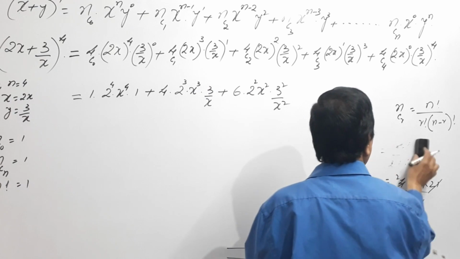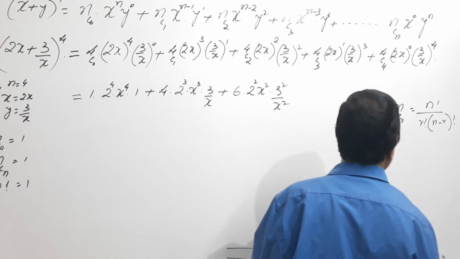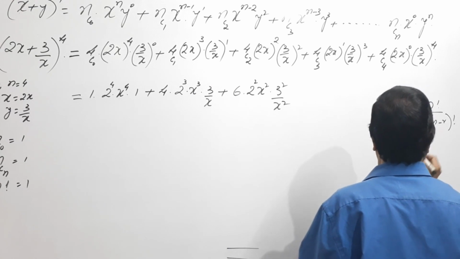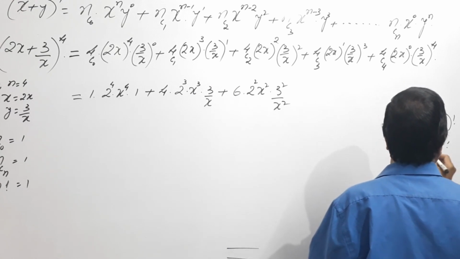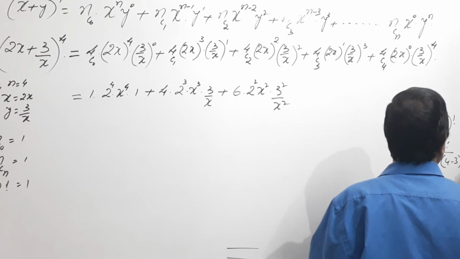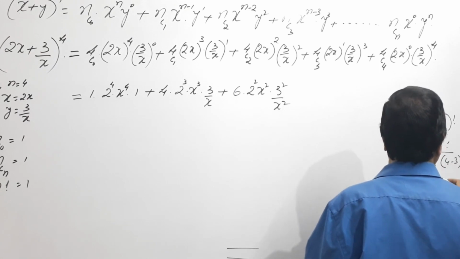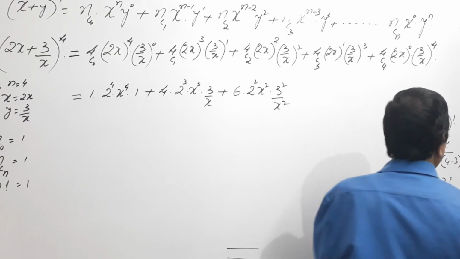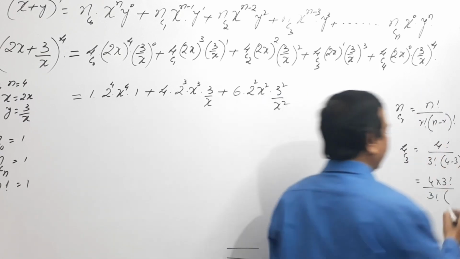I will rub this, and 4C3. 4C3 equals 4 factorial by 3 factorial, (4 minus 3) factorial. This becomes 4 into 3 factorial, by 3 factorial, and 4 minus 3 is 1 factorial.